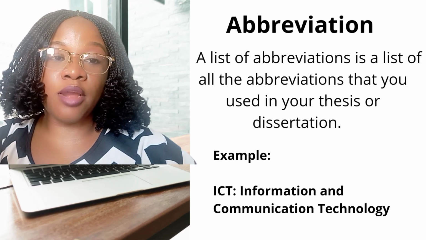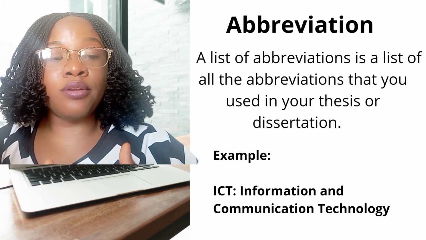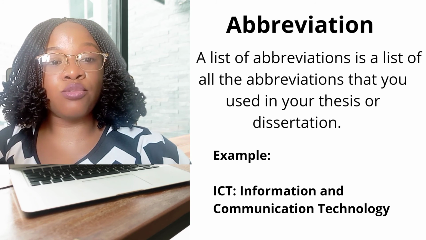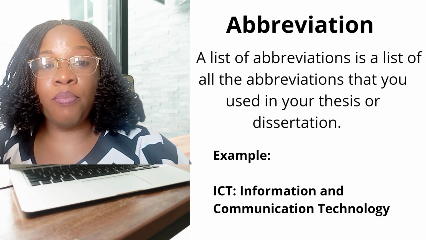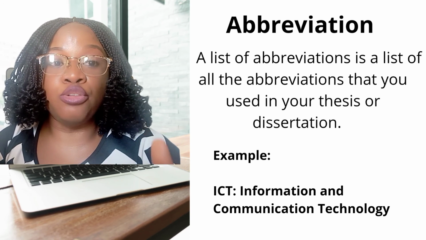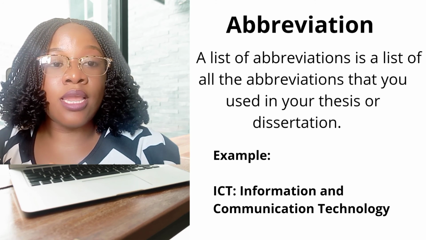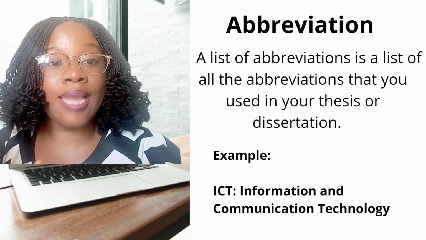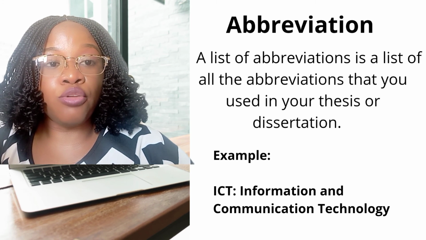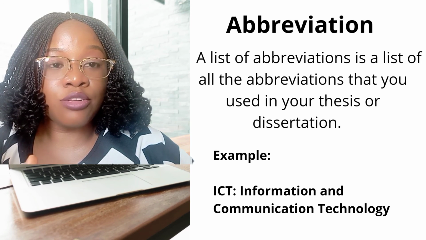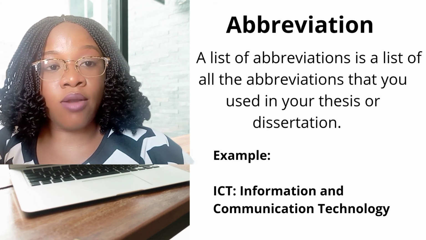Let's talk about abbreviation. When you are referring to abbreviation, you are trying to list out important abbreviations that have been used in your work. For instance, if you have made use of ICT during your work of writing your research, you need to state it out here.